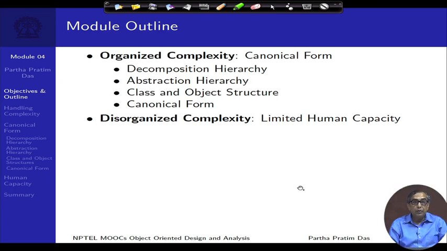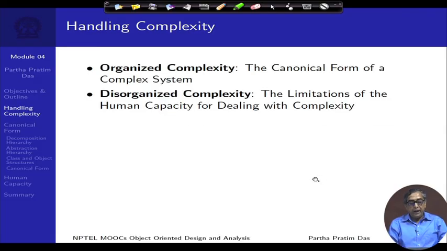The module outline is to the left of your slide. Now, in terms of handling complexity, we discover that there are 2 parts to handling complexity. One is organized complexity.